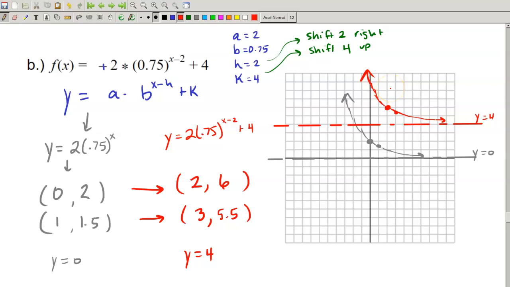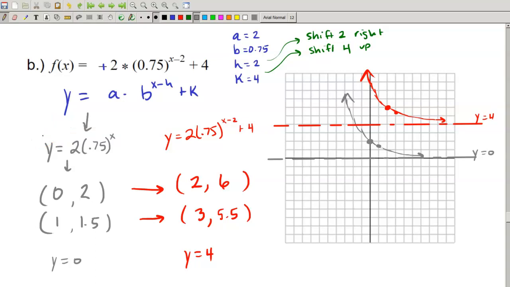So again, the procedure here is we know our general form. It's right here. We want to be able to identify everything, a, b, h, and k. And then we take 2 key points from this base function right here, which assumes that we don't have any h or k.